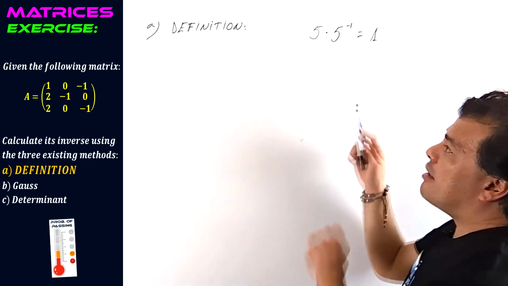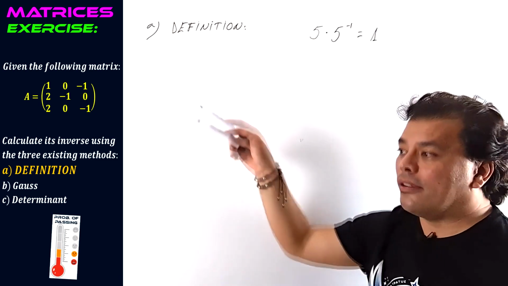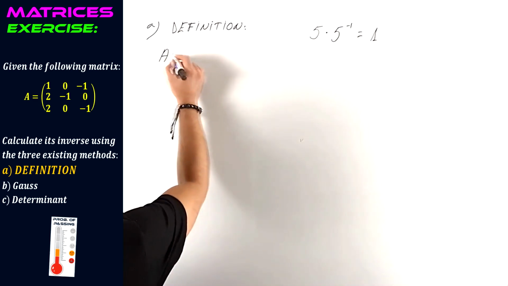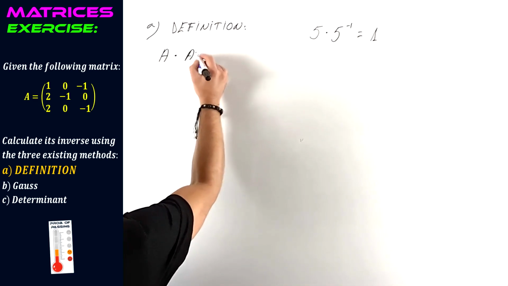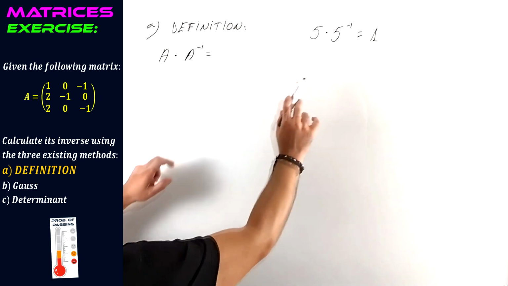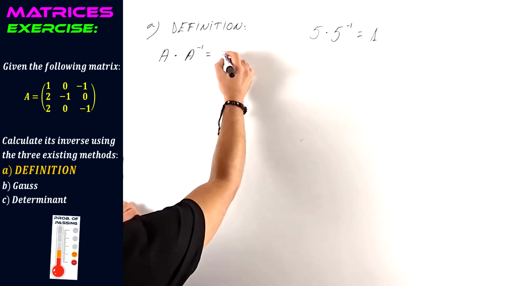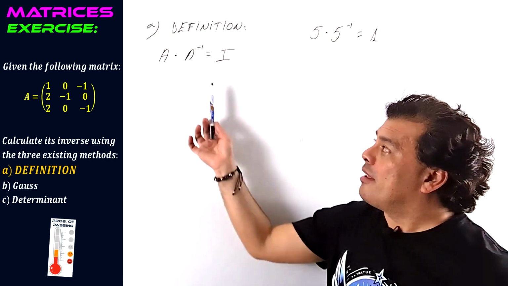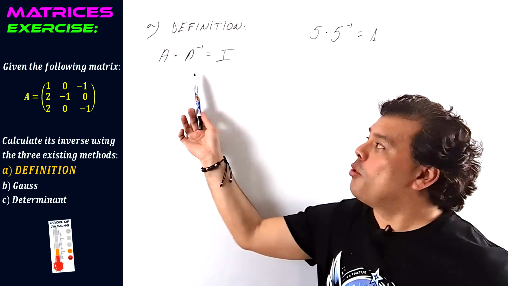This is the argument we are going to use: matrix A multiplied by its inverse must be equal to 1, but number 1 in the matrix world is the identity matrix.